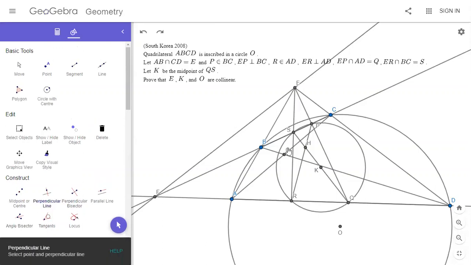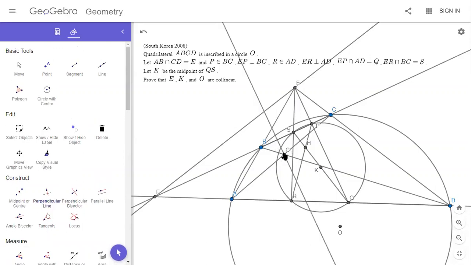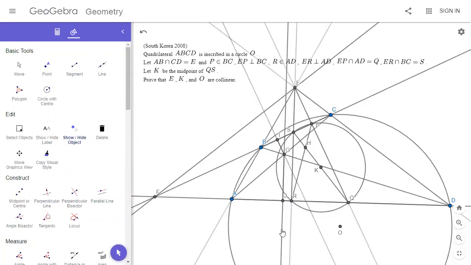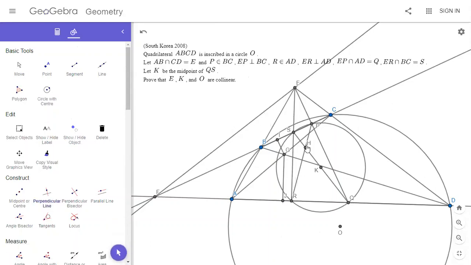So if I can show GI over GJ, then if I drop the same perpendiculars from point H, whoops, may have to zoom in a little bit here.